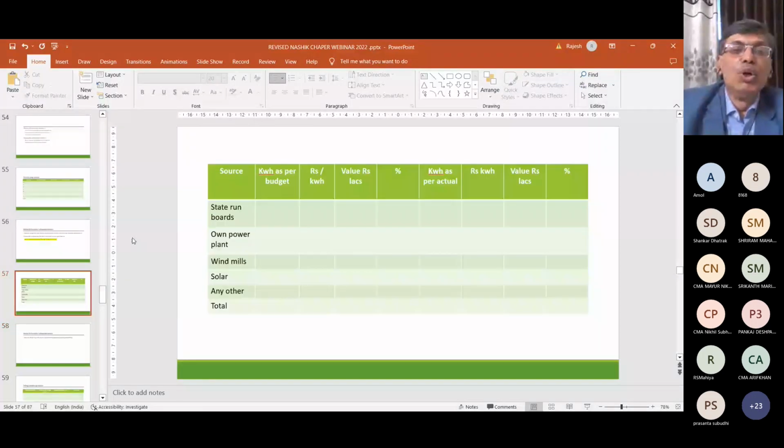Now here it will give the source-wise kWh as per budget and its value, meaning the total electricity cost as per budget, as per actual, and what is the difference between these two, source-wise.